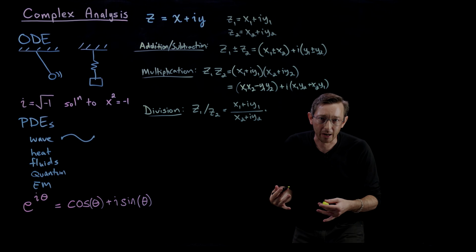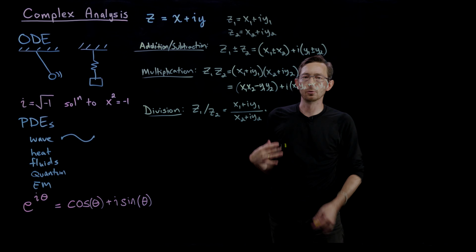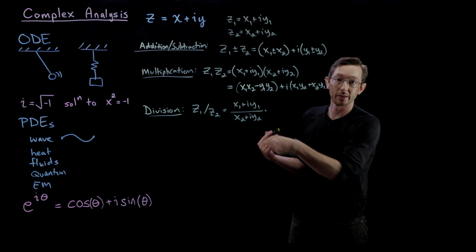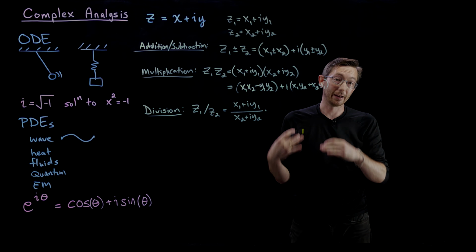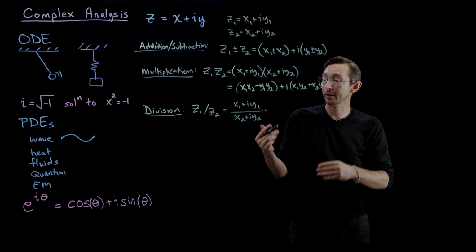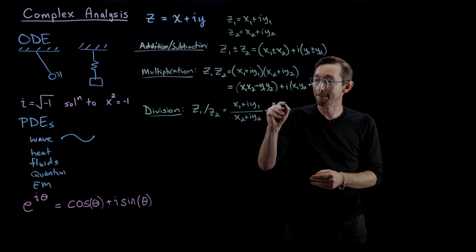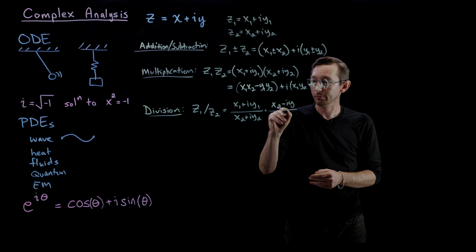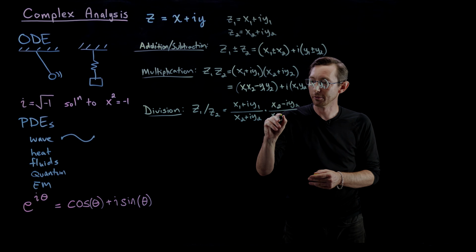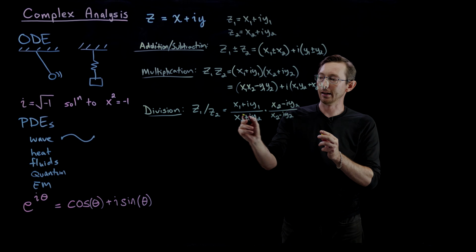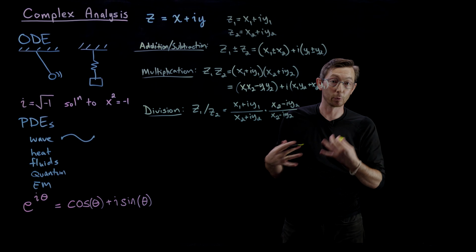And again, from your high school or middle school math class, you probably remember that if you want to get rid of a complex number in the denominator, you multiply on the top and the bottom by its complex conjugate, by x2 minus iy2. And when you do that, the term on the bottom becomes a real number.